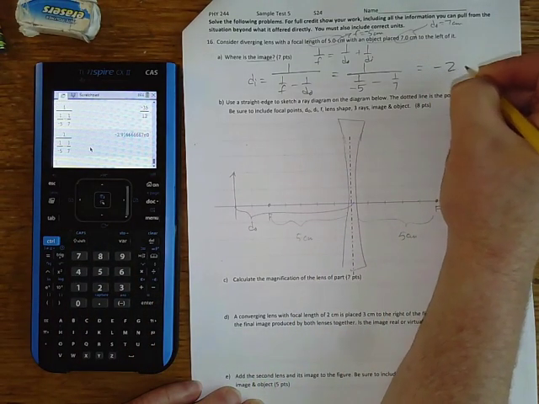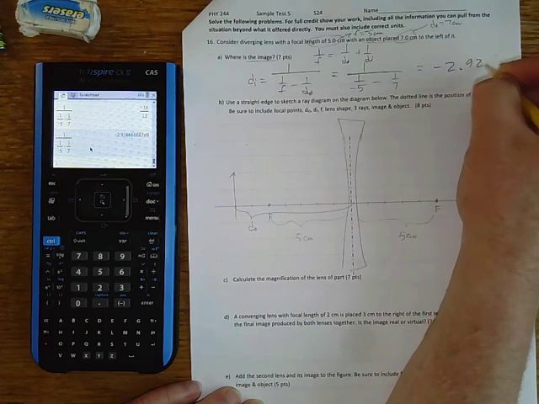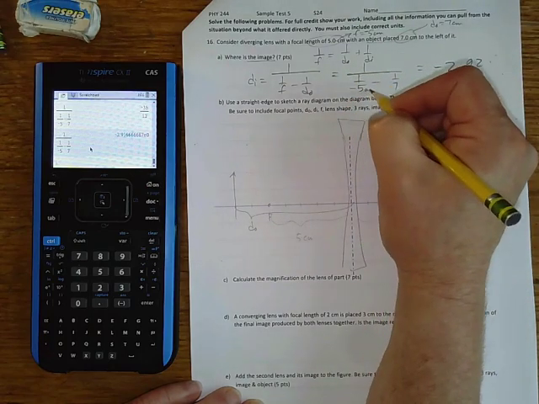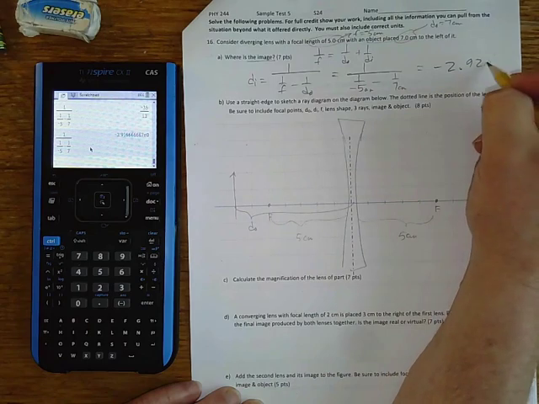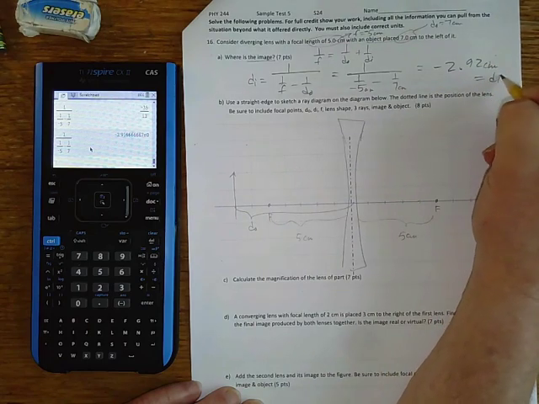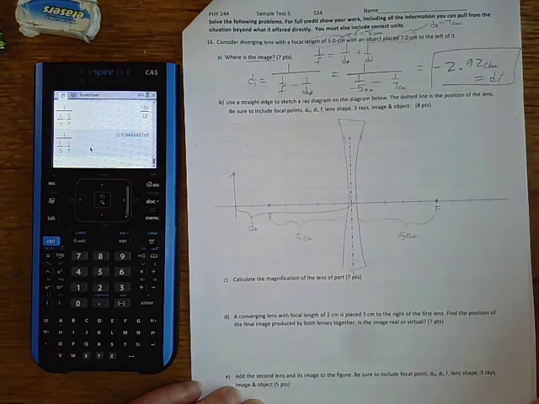Negative 2.92. Since everything was centimeters, the answer is going to come out as centimeters, so that's DI. So that's the location of the image.